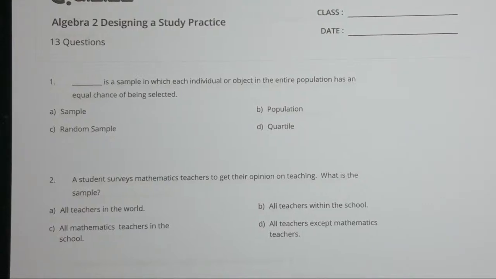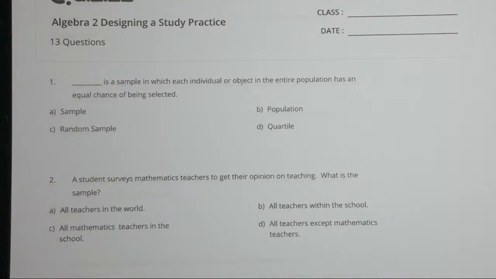So number one, blank is a sample in which each individual or object in the entire population has an equal chance of being selected. Now, in terms of these definitions, I've never defined quartile for you, but obviously we can figure out what a quartile is. You may have heard that in a previous class. Sample and population: a sample is something you take from a population. A population is an entire group of individuals that you were looking to sample.